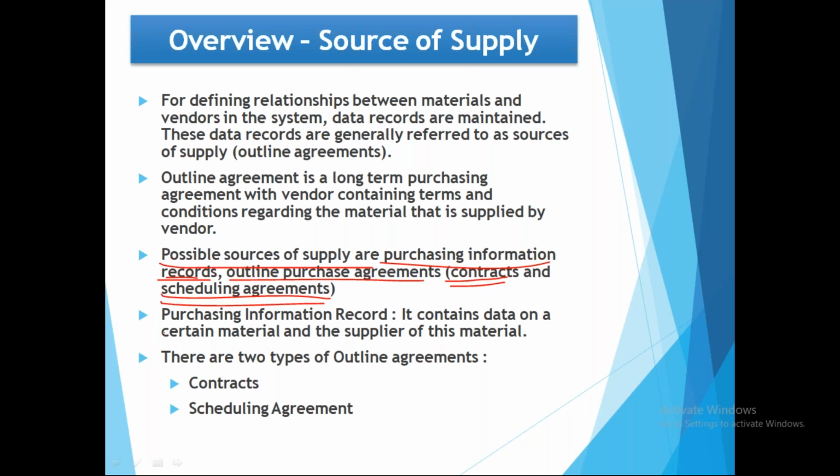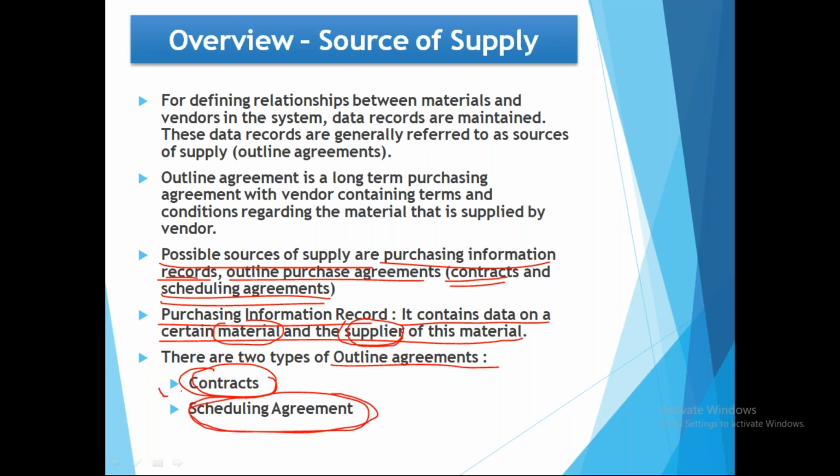So, purchase information record. What is a purchase information record? It contains data on a certain material and the supplier of this material. The other outline agreements are contracts and scheduling agreements. We will discuss all these things in the system.